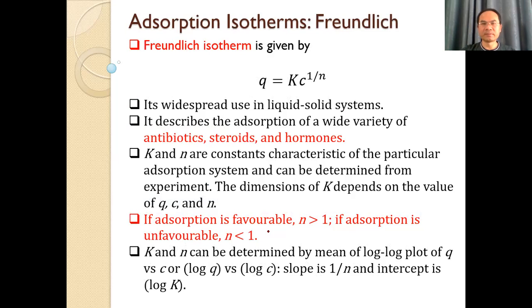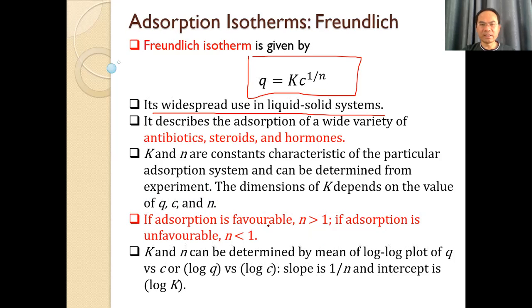Another isotherm is Freundlich, expressed by Q equals K C to the power 1 over N. This is very common, used in liquid-solid systems. It describes a variety of antibiotic, steroid, and hormone adsorption. K and N are constants that can also be determined from experiment.